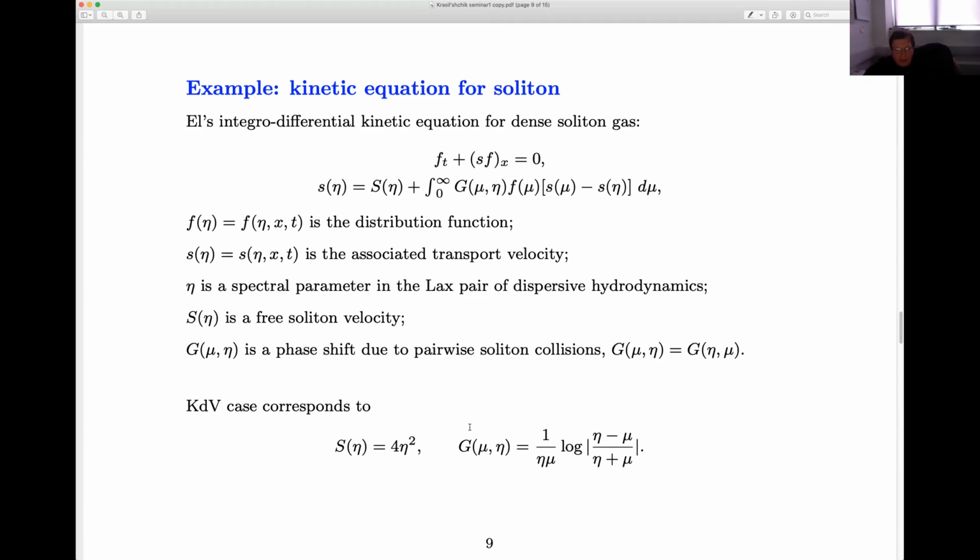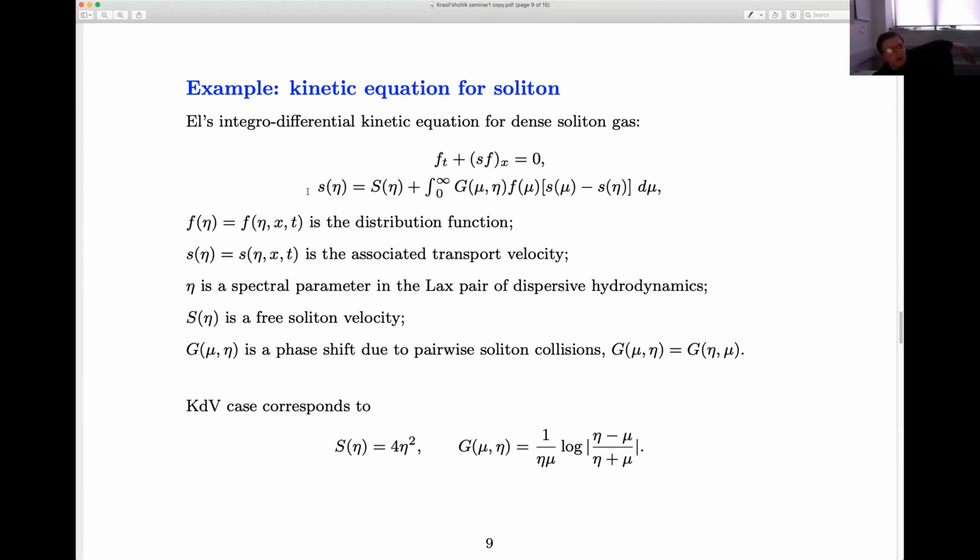For every integrable PDE, you have solitons, they have their velocity S of eta, this velocity will be different, and the interaction kernel, the two-soliton phase shift, will be a different function. These are formulas for KdV. For other integrable PDEs, these functions will be different. All right, and so for every integrable PDE, you can form this kinetic equation for a soliton gas.